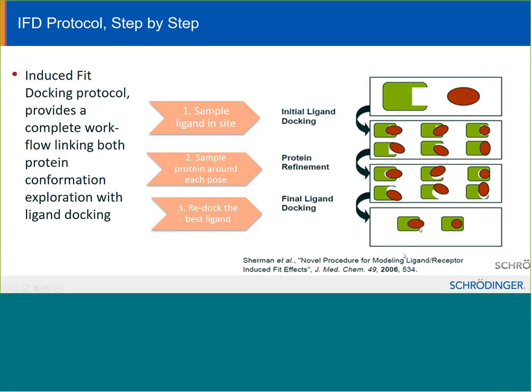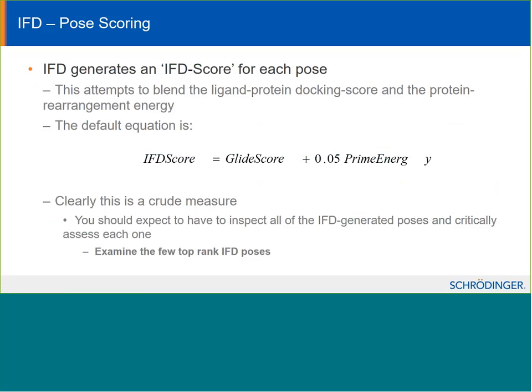Now, this is an iterative process using molecular mechanics. In dynamics, it's using a different process and doing this sort of simultaneously. So it's one step before you would start to approach MD. Now, in Glide we use the Glide score, and in IFD we use the IFD score, which is a combination of the ligand being rearranged and the protein being rearranged.